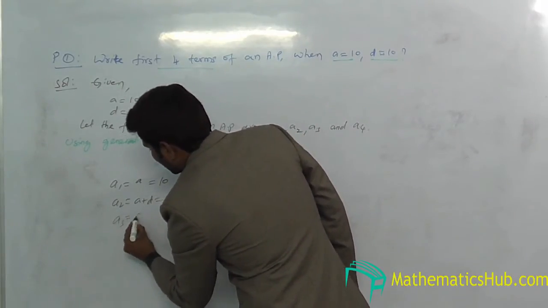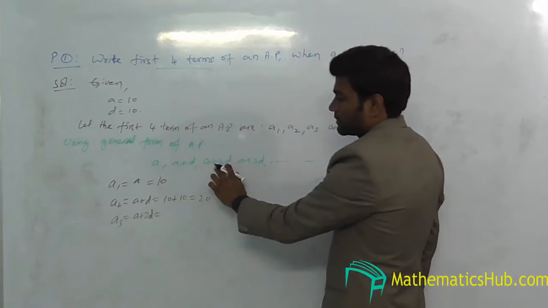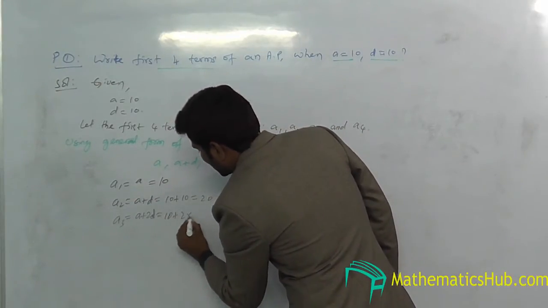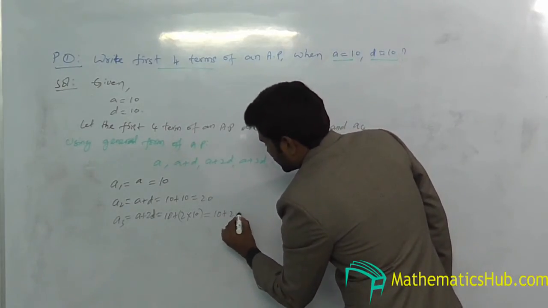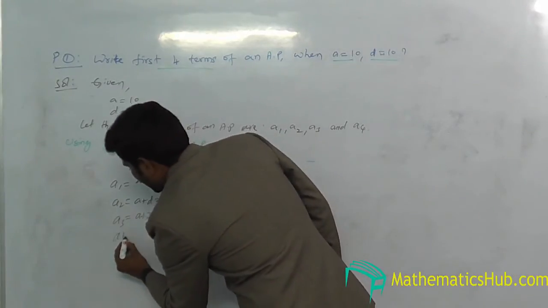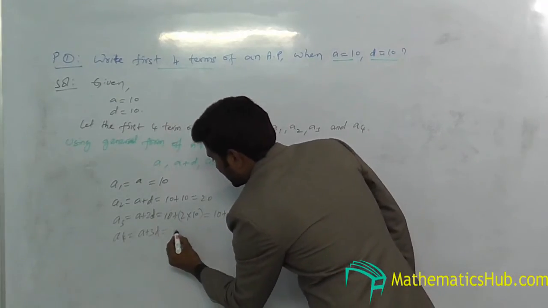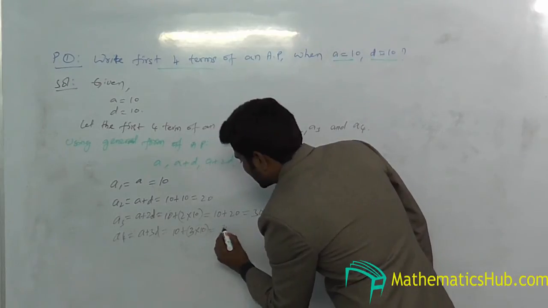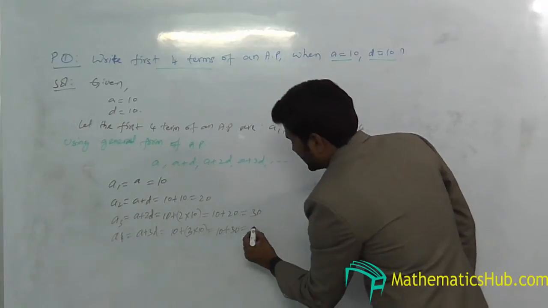A3 equals A plus 2D, that is 10 plus 2 into 10, that is 10 plus 20, which equals 30. And A4 equals A plus 3D, that is 10 plus 3 into 10, which is 10 plus 30, 40.